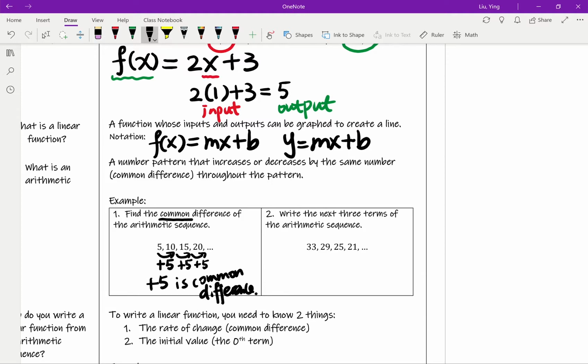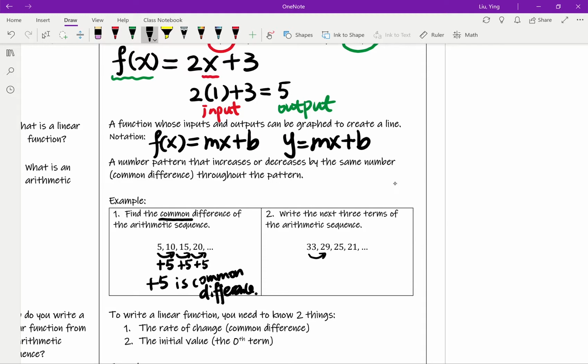In example 2, write the next 3 terms of the arithmetic sequence. If we can find the common difference, then we can use it to predict the next 3 terms. The way to find it is to see what pattern we need to go forward.